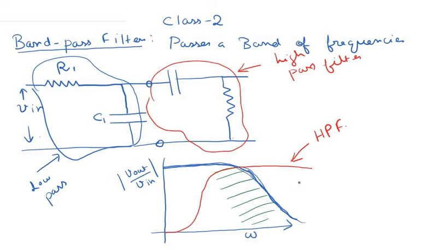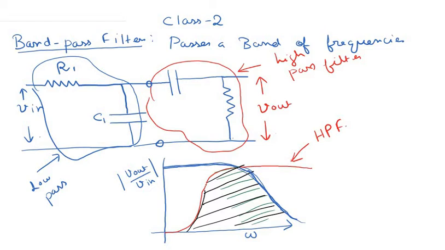Okay, so at the output, that is between these 2 points, this is my output signal here. At the output, I am basically getting this band of frequencies. So this is the curve for the transfer function at the output, this black one.